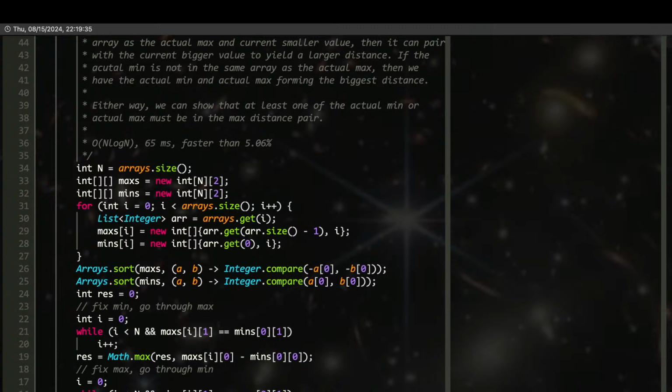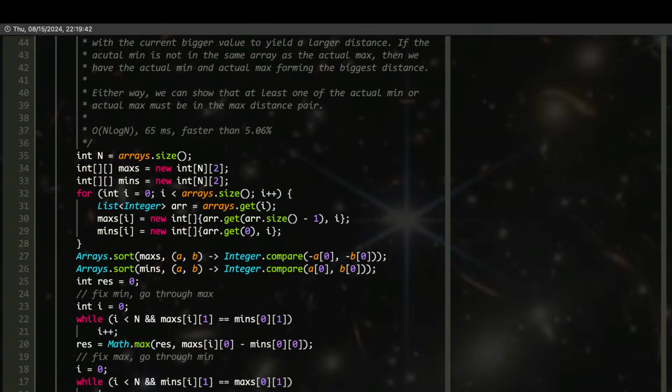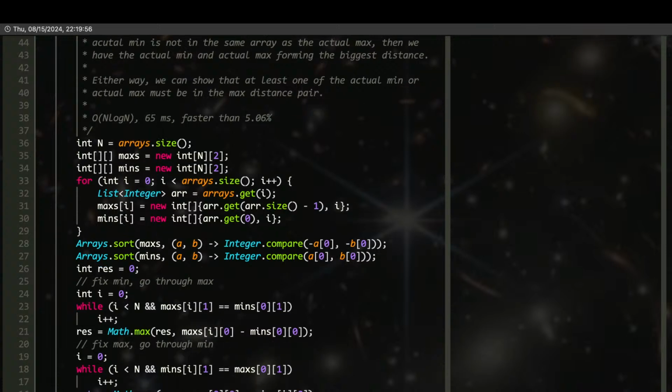Now if the corresponding max value occurs before the min is encountered, we can find such a max as we iterate through arrays.